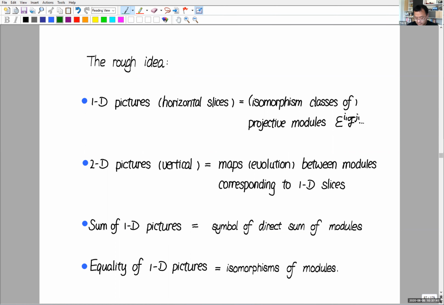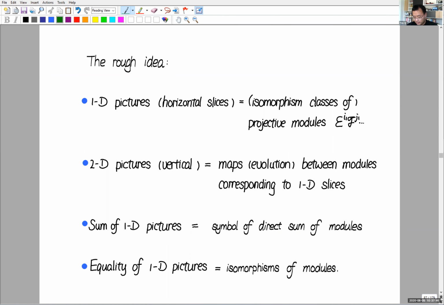And sums of one-dimensional pictures become direct sums of modules of the two-dimensional pictures, and equality of one-dimensional pictures becomes isomorphisms of modules. So this is the rough idea, and let's see how this is done by Khovanov, Lauda, and Rouquier in greater generality.